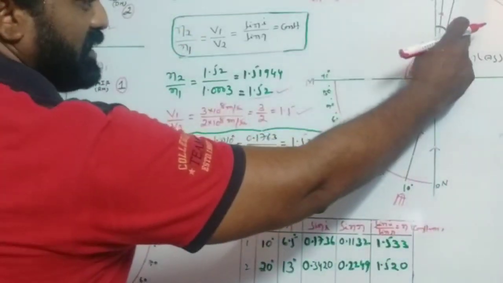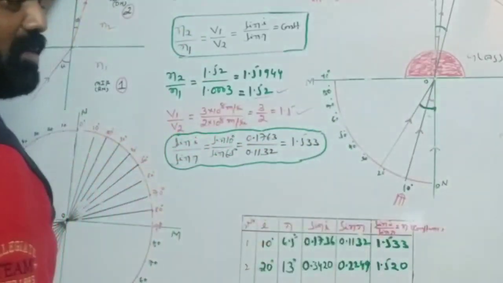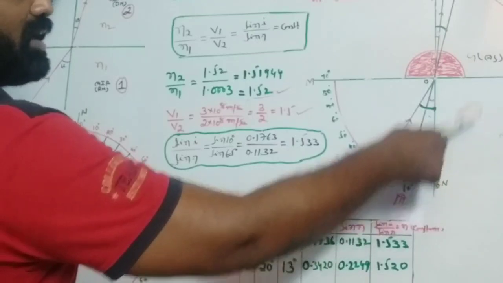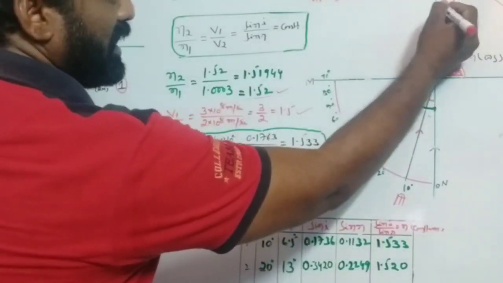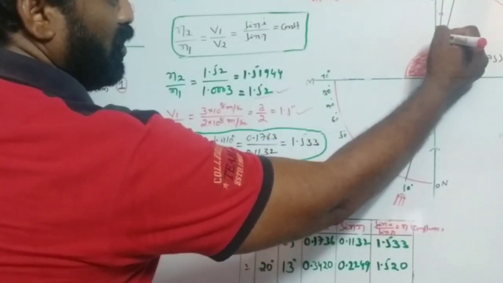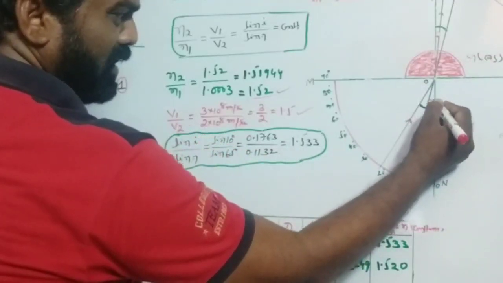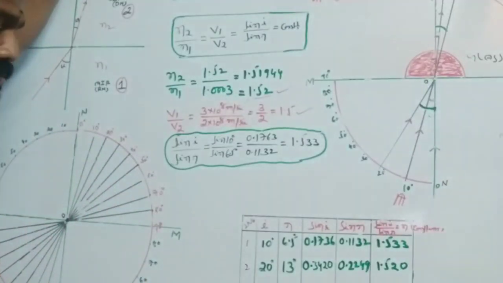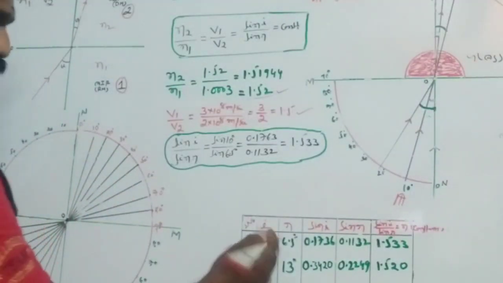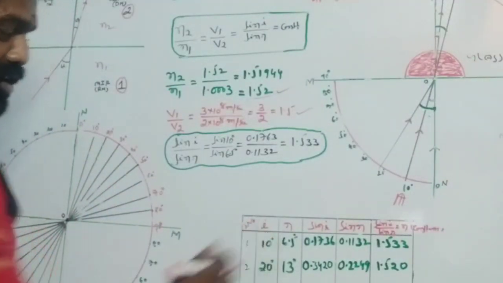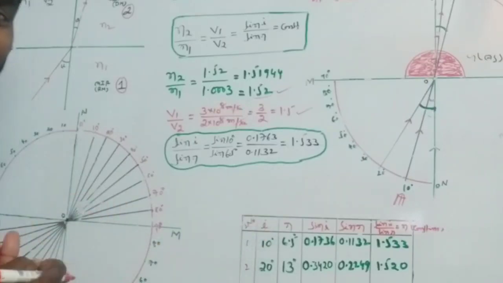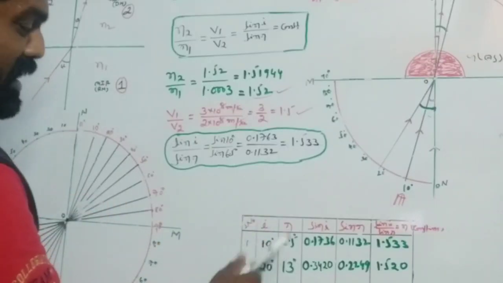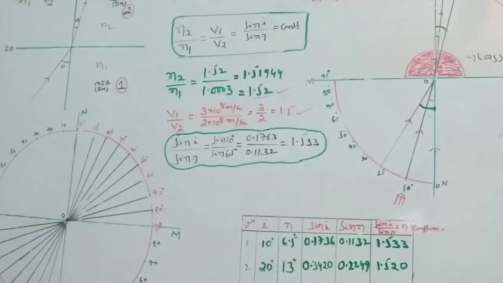Glass is the denser medium and air is the rarer medium. When light travels from rarer to denser, the refracted ray comes towards the normal. Compared to the angle of incidence, the angle of refraction is less. So if angle I is 10 degrees, angle R is less than 10 degrees. Consider that to be 6.5.